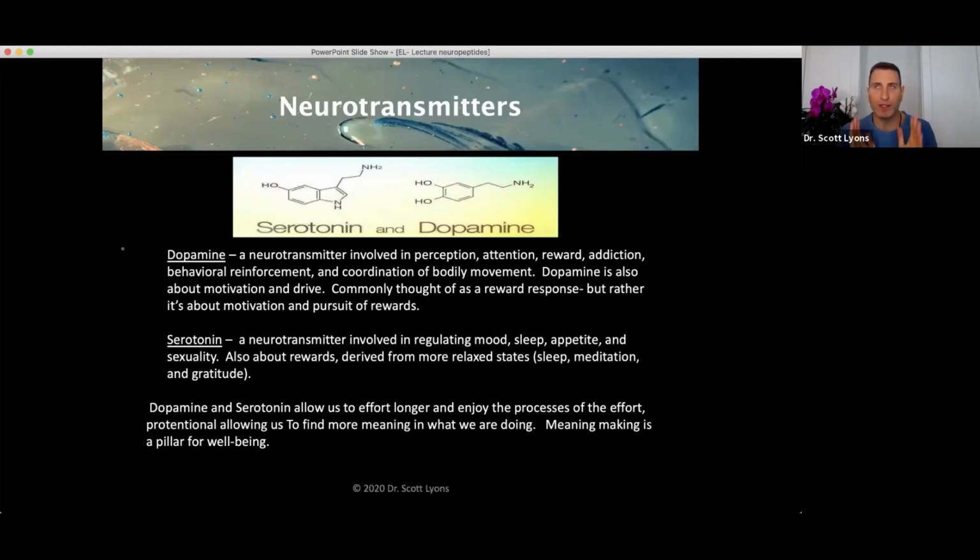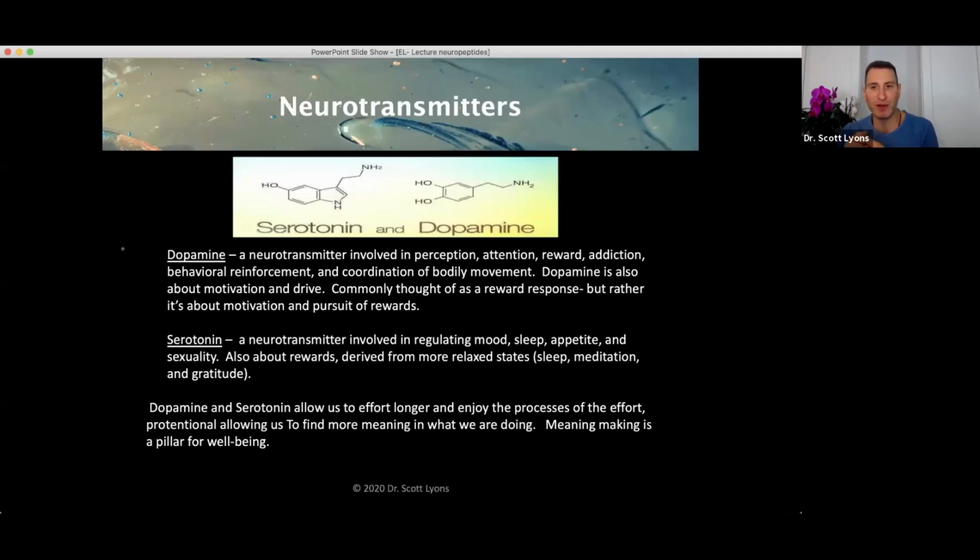So what's important here is dopamine and serotonin. The thing about neurotransmitters is that, like stress, they can be overgeneralized. It can be like, dopamine is about rewards. Yes, but it does a lot more than that.